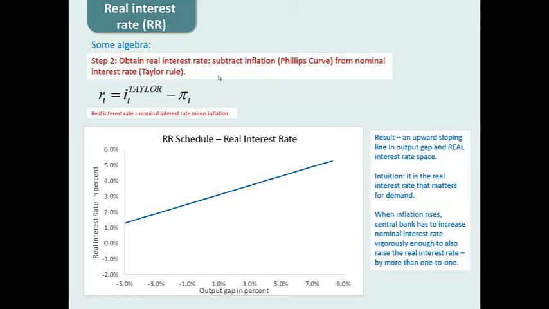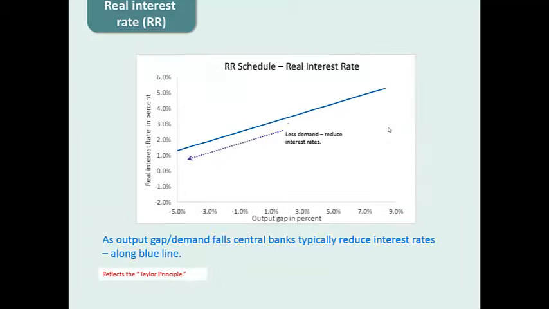The intuition here is that it's the real interest rate that matters for demand, and the idea is that our central bank, if it wants to choke off demand in order to keep the price level stable, will have to raise interest rates vigorously enough in order to affect both the nominal and the real interest rate. Put differently, if inflation goes up by 1%, the central bank needs to raise the nominal interest rate by more than 1%. That will be reflected in our upward sloping curve.